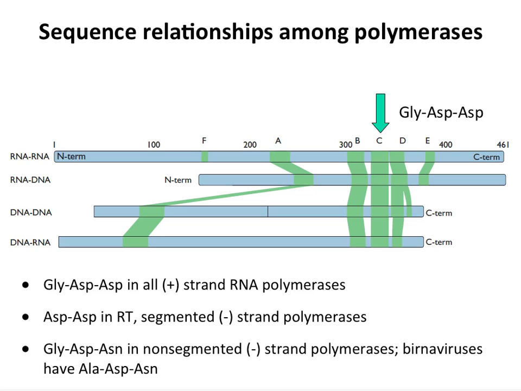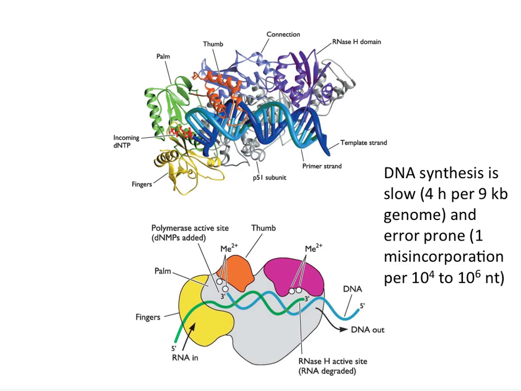You may recall that I said a signature for RNA-dependent RNA polymerases is a GLY-ASP-ASP sequence in the C domain. In fact, the reverse transcriptases have an ASP-ASP in this region. It's a signature for a reverse transcriptase. Structures of reverse transcriptases have been solved at high resolution by X-ray crystallography.